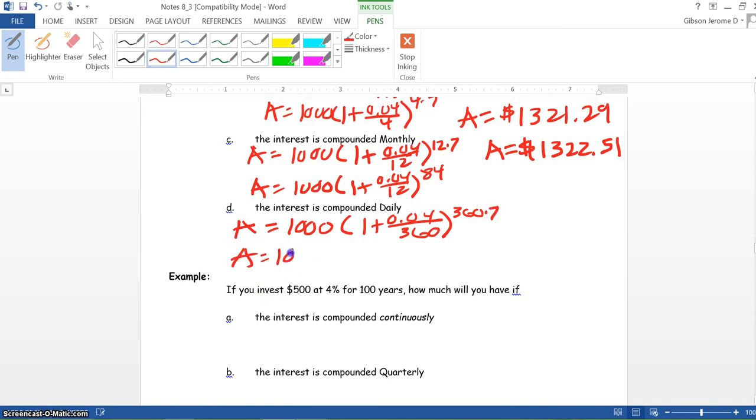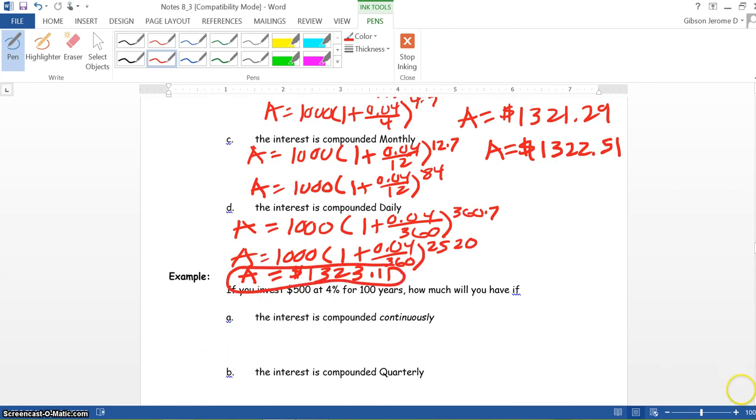So we have A is equal to 1,000 times 1 plus 0.04 over 360, and 360 times 7 is 2,520. Now if we put this in our calculator and multiply, this will give us $1,323.11. And that will be the final answer here.